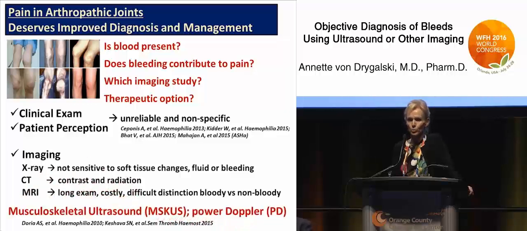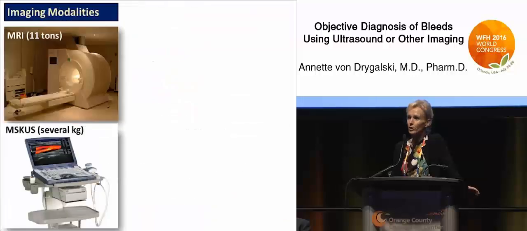And here is where musculoskeletal ultrasound, in short MUSCUS, with the power Doppler function, in short PD, comes in handy. Power Doppler with ultrasound is a function that allows to assess the extent of abnormal microvascular flow in intra-articular tissues.